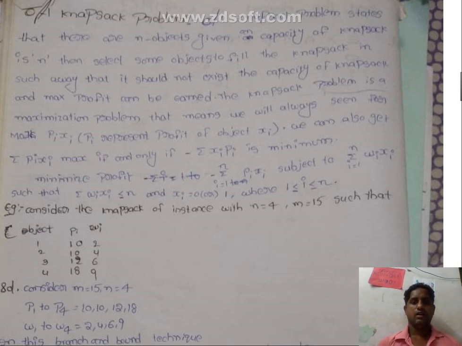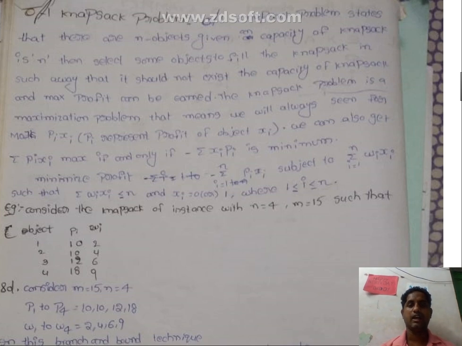The 0-1 knapsack problem states that there are n objects given and the capacity of the knapsack is m. Then select some objects and fill the knapsack in such a way that it should not exceed the capacity of the knapsack and the maximum profit can be earned.